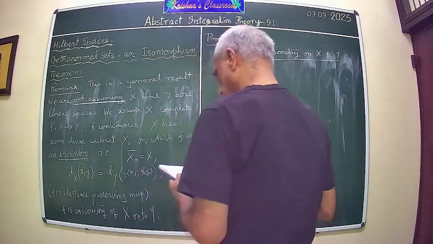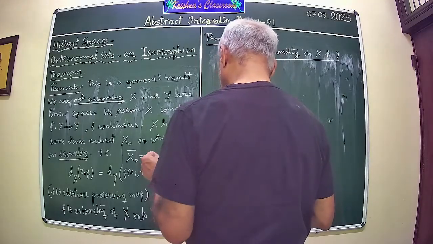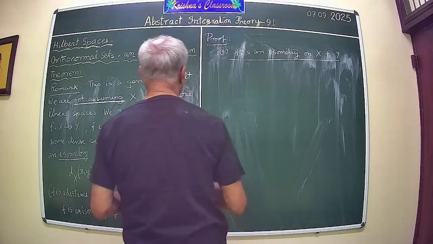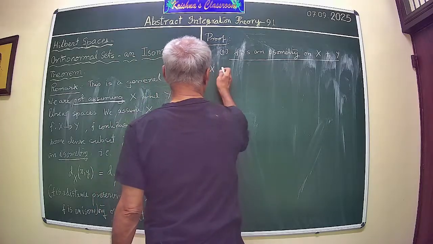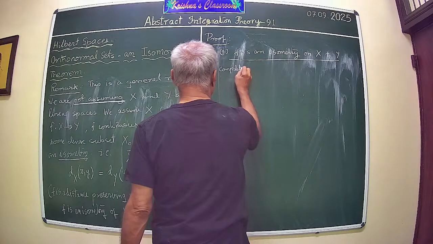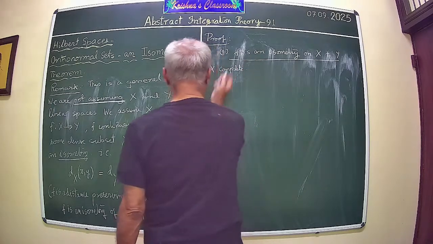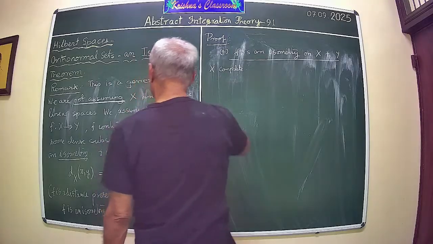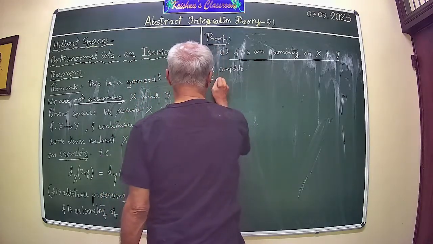So what are the essential information that we have? We have X complete. Then f continuous.